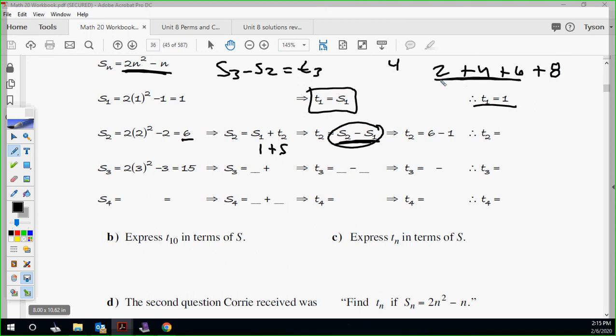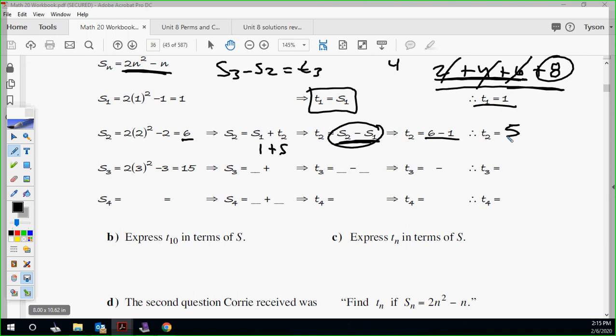If I subtract S3, that's this. S4 is this. So if I subtract this off, it leaves me with the term. It's like you're cutting off the end by subtracting the previous series. That's what we're illustrating here, and we're going to talk about some more. I just think that this is kind of harder to read. So S2 minus S1, 6 minus 1, term 2 is 5, is what we're getting to.